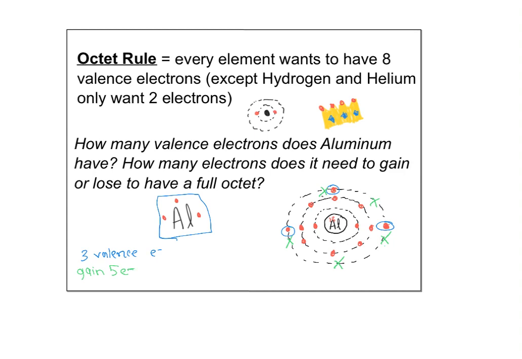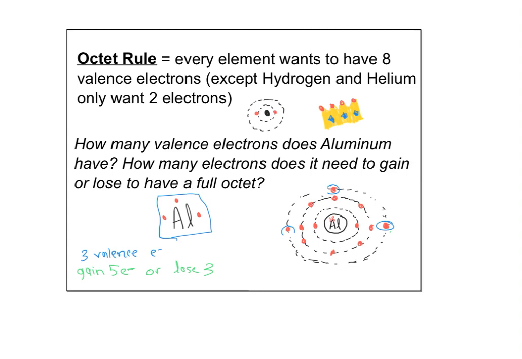Okay, that's possible, but the other option is, I'm going to kind of get rid of those X's for a sec. What if we have our normal aluminum with its 13 electrons? What if aluminum loses 3 electrons?